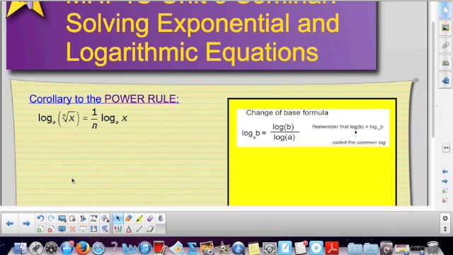If the power rule says that we move our exponent to the front of the logarithm, then when you have a radical expression, the index can be written as a power in terms of fractions. So the corollary to the power rule means that this is true, and we're going to use that rule to tackle one of the questions in the seminar today.